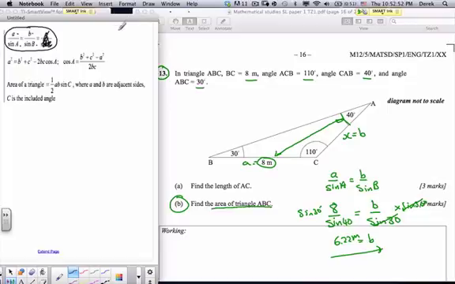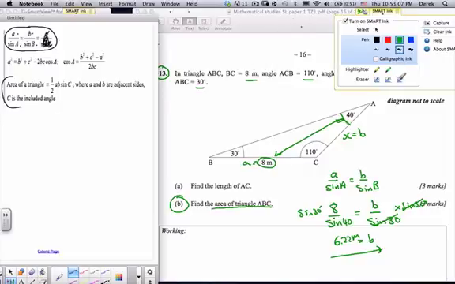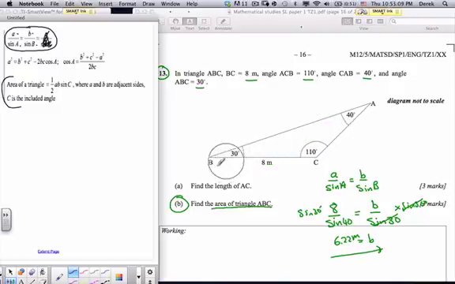Now in finding the area, when you don't have a height that is given, we know that we are actually going to use this formula over here. And let me just clear this a little bit so that we can see what we're dealing with.